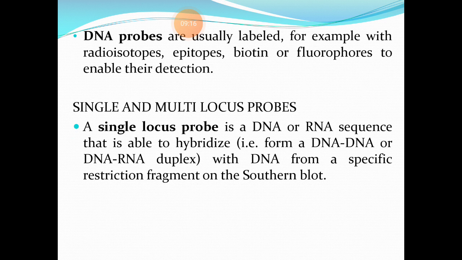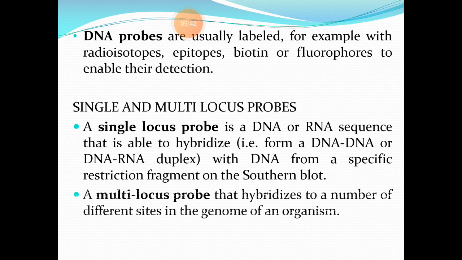A single locus probe is a DNA or RNA sequence that is able to hybridize to form a DNA-DNA duplex or DNA-RNA duplex with the DNA from a specific restriction fragment on the southern blot. I'll explain about southern blot a little later. Right now, you should know the definition of single locus probe.